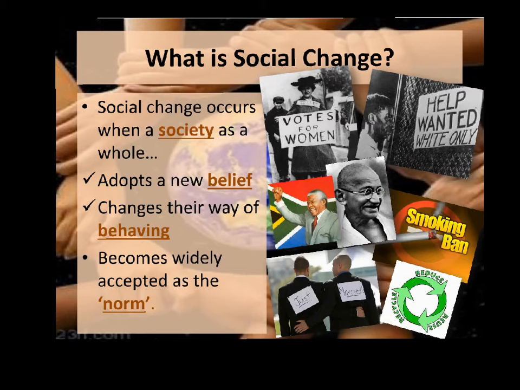Now that behaviour then becomes accepted as the norm. So on the right hand side of this screen here, you can see several examples of social change from history. Now the two examples at the top you may not be as familiar with, but they're the two that we're going to focus on a little bit later in this lesson.